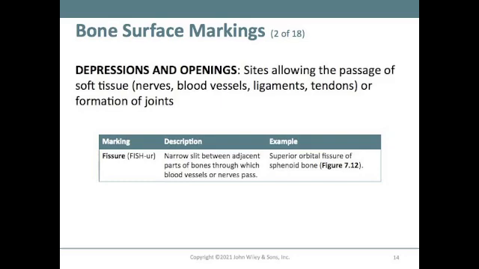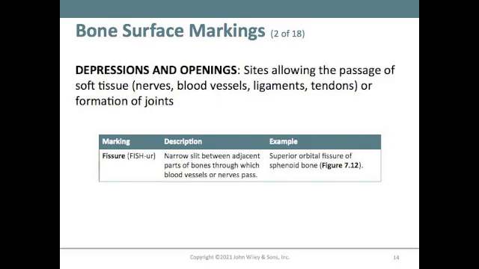You've got the fissure, which is a narrow slit between adjacent parts of bones through which blood vessels or nerves can pass. An example of that is the superior orbital fissure of the sphenoid bone. By the end of this class, not just because I'm telling you, but after you study the chapter, you should know that this sphenoid bone and this orbital fissure are in the skull.